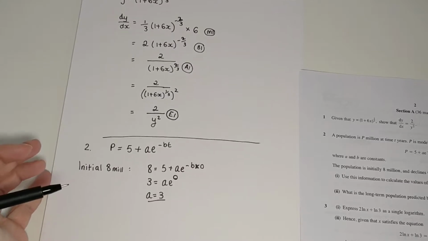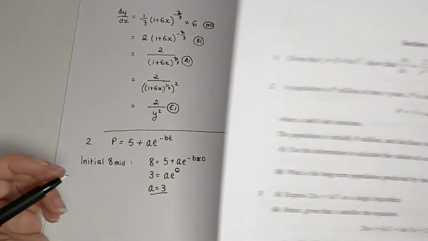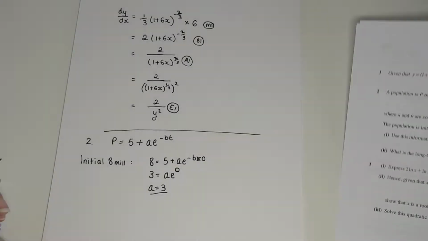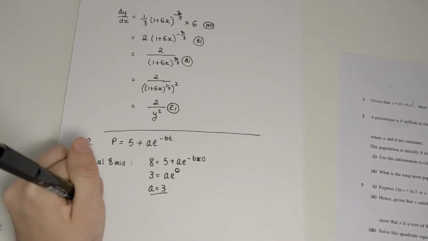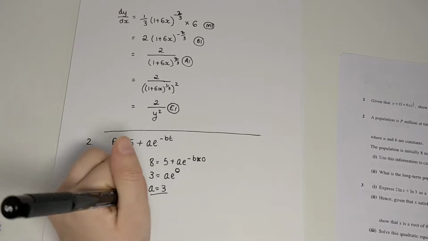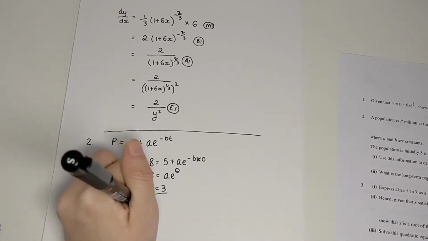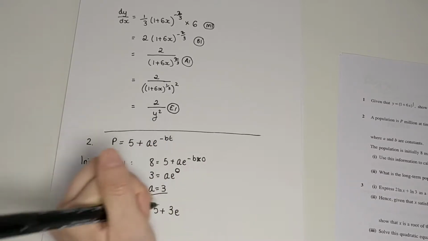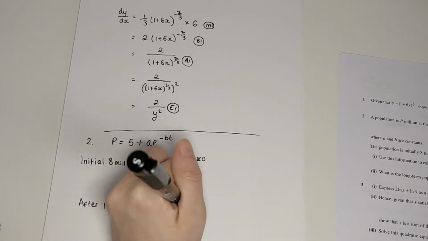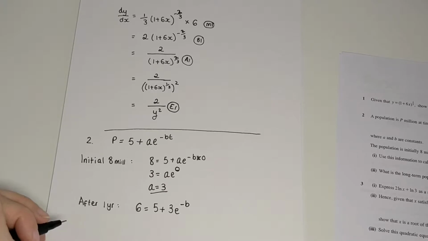Okay, and then it also told us declines to 6 million after 1 year. So after 1 year, 6 million. 6 equals 5 plus, I know that a is 3 now, so I can put that in there. And t is 1, so it would just be minus b.